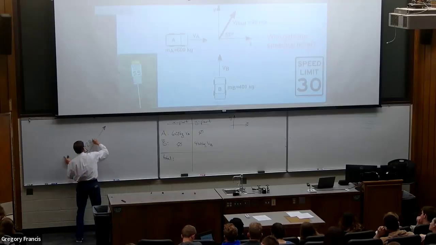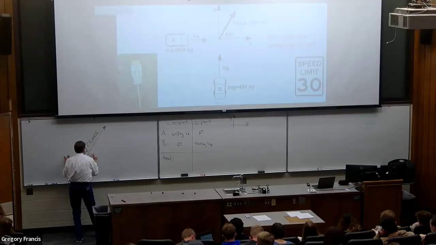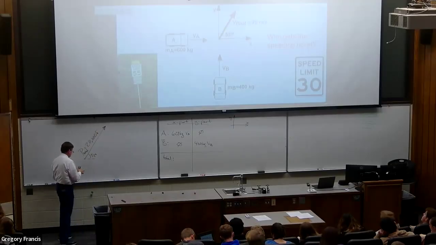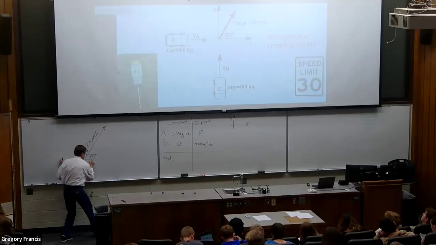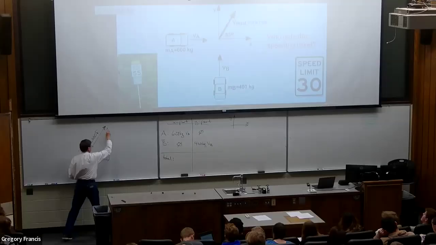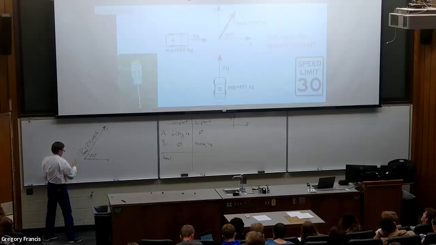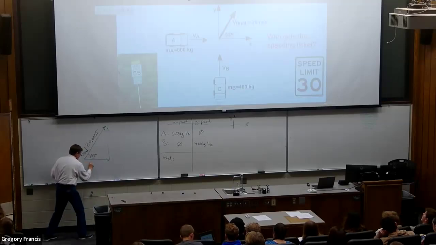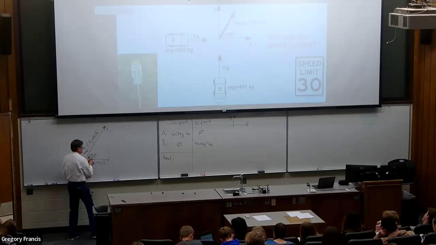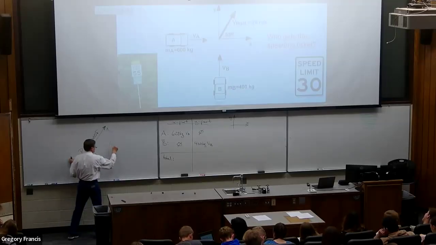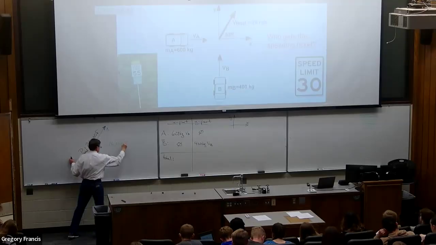That's 20,000 kilogram-meters per second in a direction that's 53 degrees north of east. Now, again, this is going to be a 3, 4, 5 triangle. And since this is 5 times 4,000, this is going to be 3 times 4,000 or 12,000. And this is going to be 4 times 4,000 or 16,000.